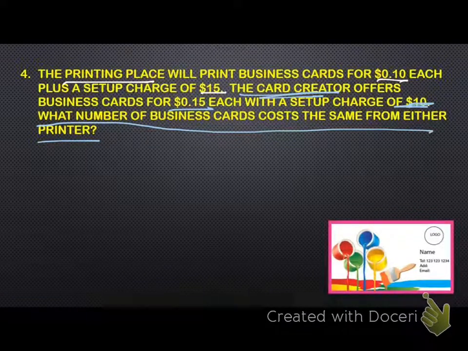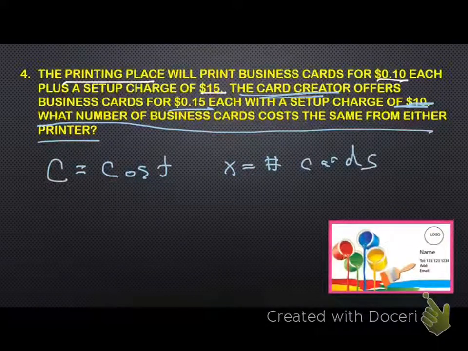So what do we need to have a variable of? I think there's 2 variables. I'm going to have C equal the cost, and X be the number of cards, and I'm going to write two equations.